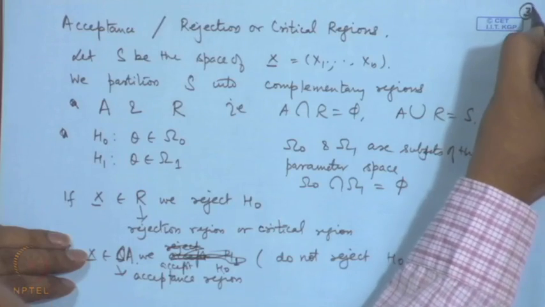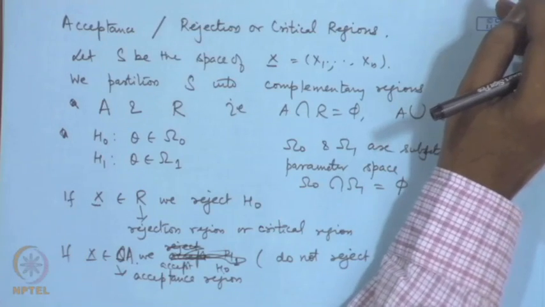However, when our hypothesis turns out to be consistent with the test criteria, we do not use the word that we accept H naught, we rather say that there is no sufficient evidence to reject H naught. So, roughly speaking we say that H naught is accepted, but we do not say it that way. This is what we say in a testing of hypothesis problem.